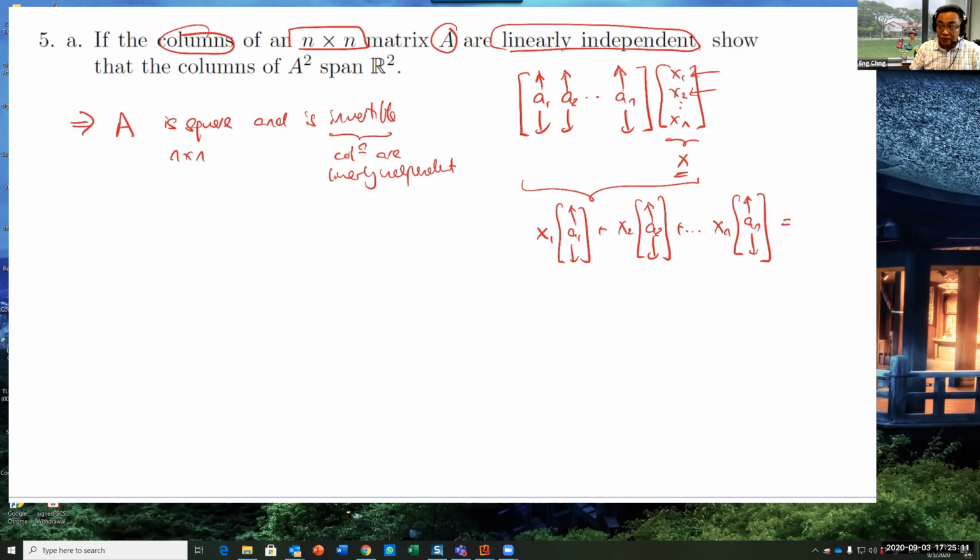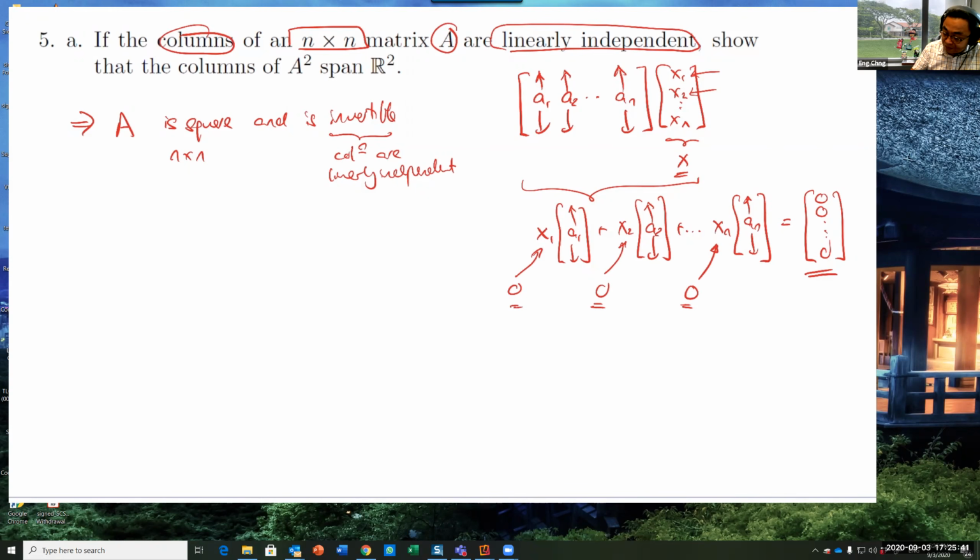To check whether they are linearly independent or not, we want the vector of 0. If the result is 0 and all these scalars must be 0, then they are linearly independent. So that's the definition of linearly independent.